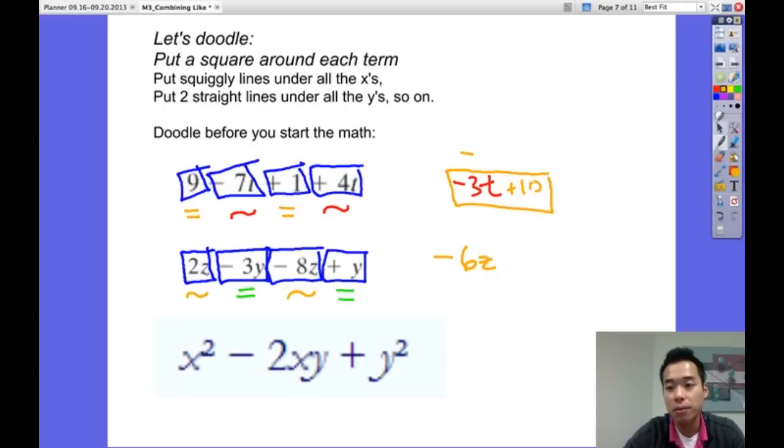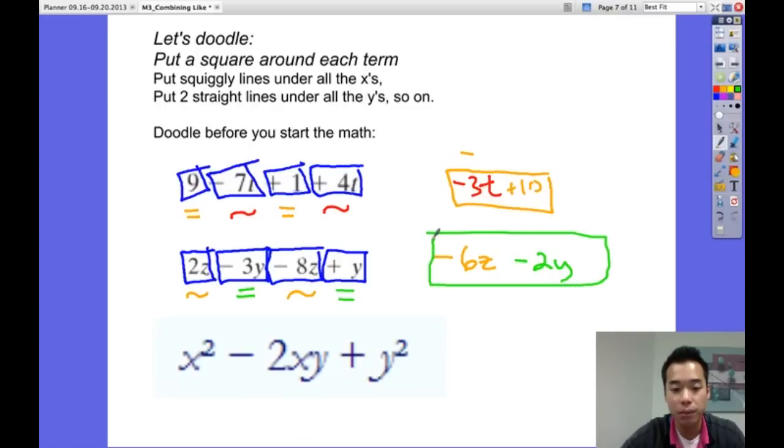Positive 1y, combined with negative 3y is going to give me negative 2y. Think in terms of bananas canceling out, or apples, or shapes, and that's how I simplify that one.